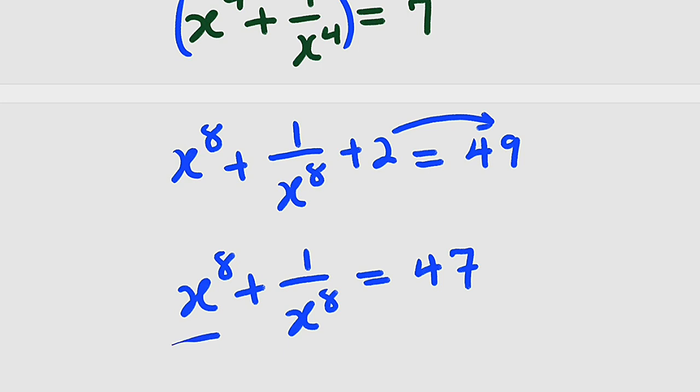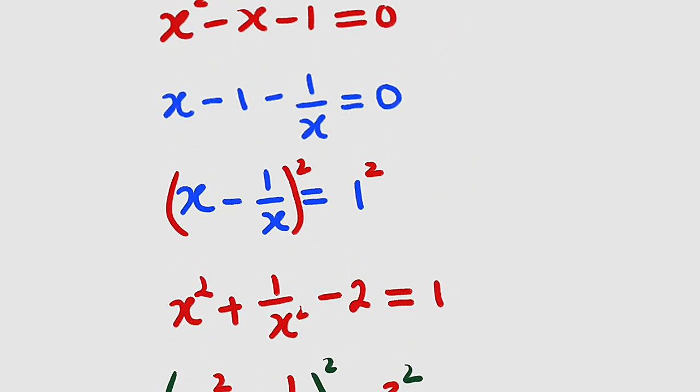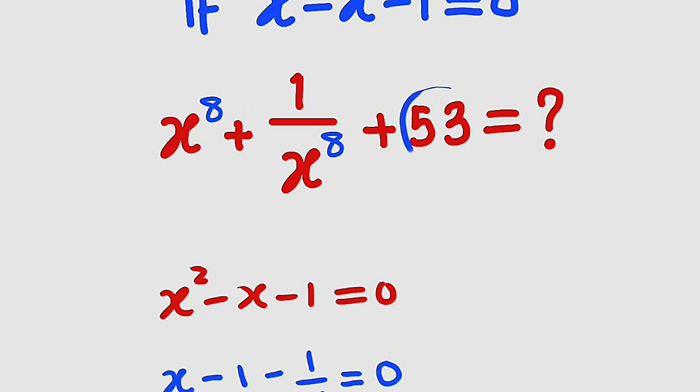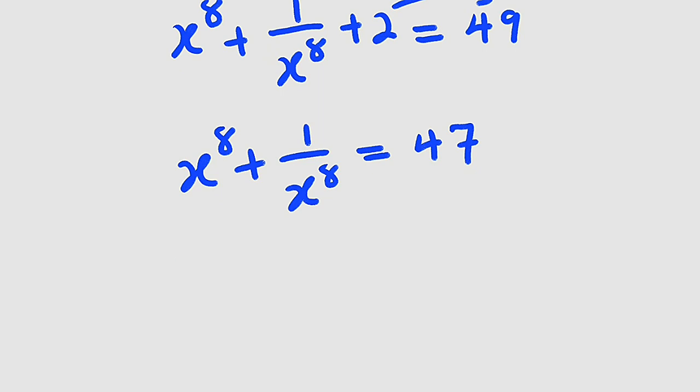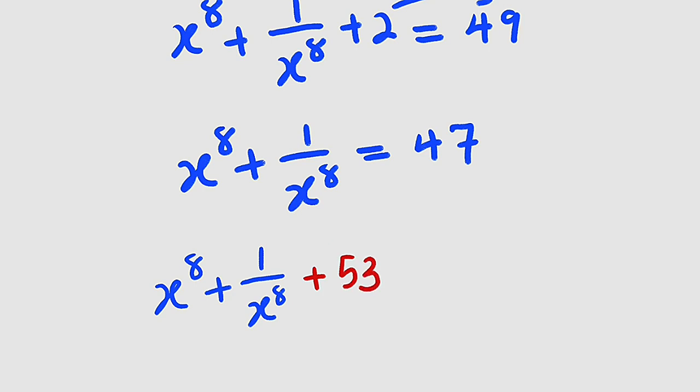You can see we have x to the power of 8 plus 1 divided by x to the power of 8. But what are we looking for? We are looking for an expression that contains plus 53. So now let us add 53 to both sides. We have x to the power of 8 plus 1 divided by x to the power of 8, and I would like to add 53 here. If you add 53, you have to add it to the other side. We have 47 plus 53.